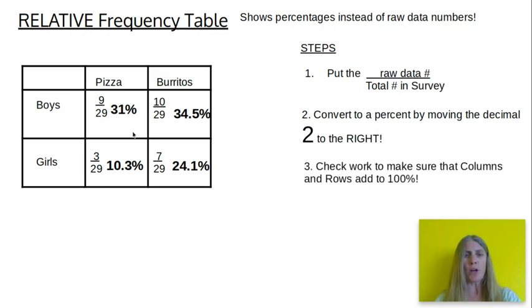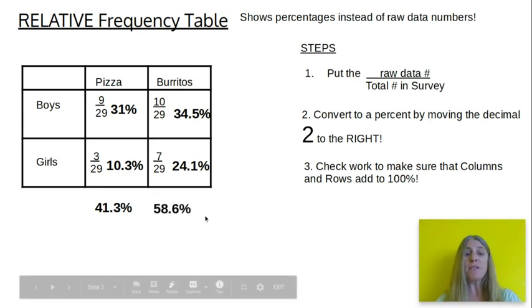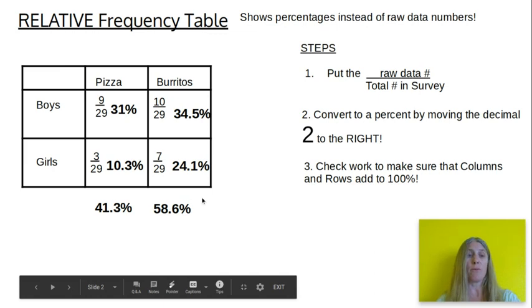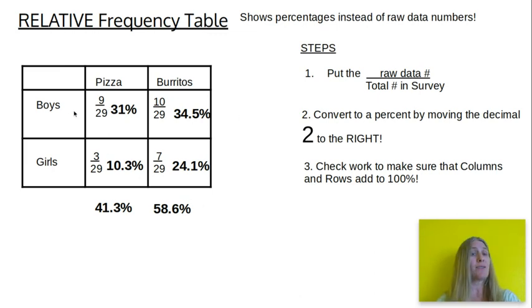Now we're going to check our work. All of these numbers, if we add them up this way, should all add up to 100%. Now we rounded, so it's going to be a little bit off. We can also check the total class percentage that preferred pizza. So we add these two together, and we know that 41.3% of the class preferred pizza, 58.6% of the class preferred burritos. Now, of the boys, what we're looking at this way doesn't have anything to do with pizzas or burritos.